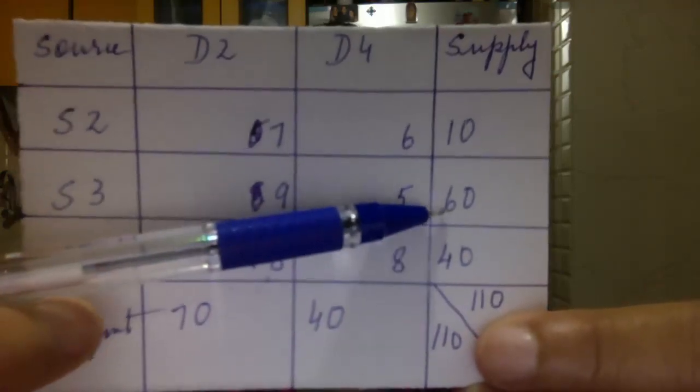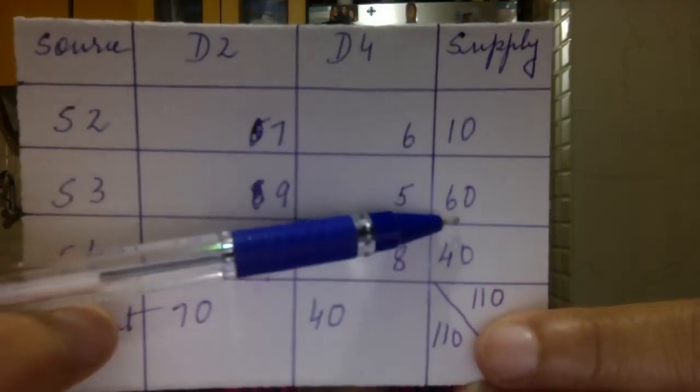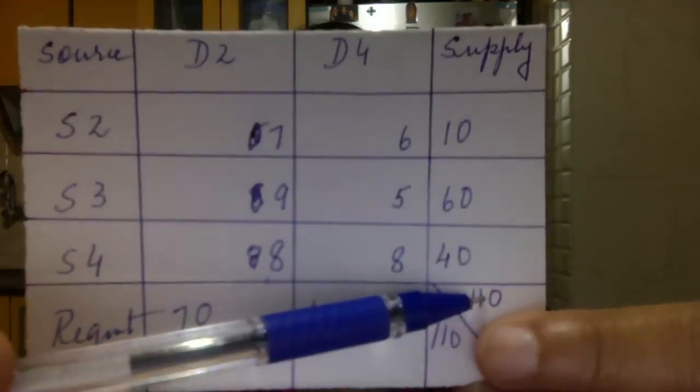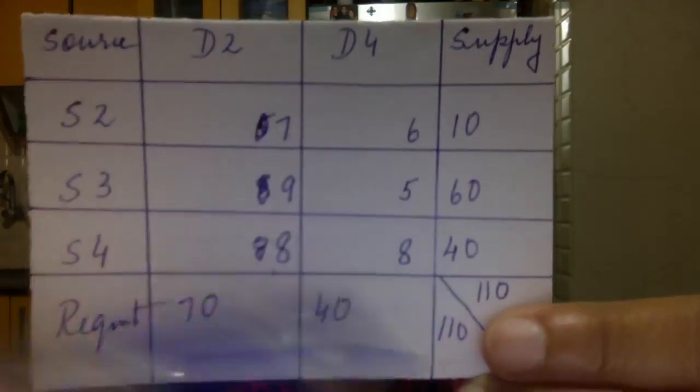Third step, make this 60 as 20. Fourth step, cut off this 110 and make it 70. So 4 steps you have to do. Please do. First allot 40 into that cell. Second step, cut off 40, make it 0. Third step, cut off 60 and make it 20. And fourth step, cut off 110 and make it 70.